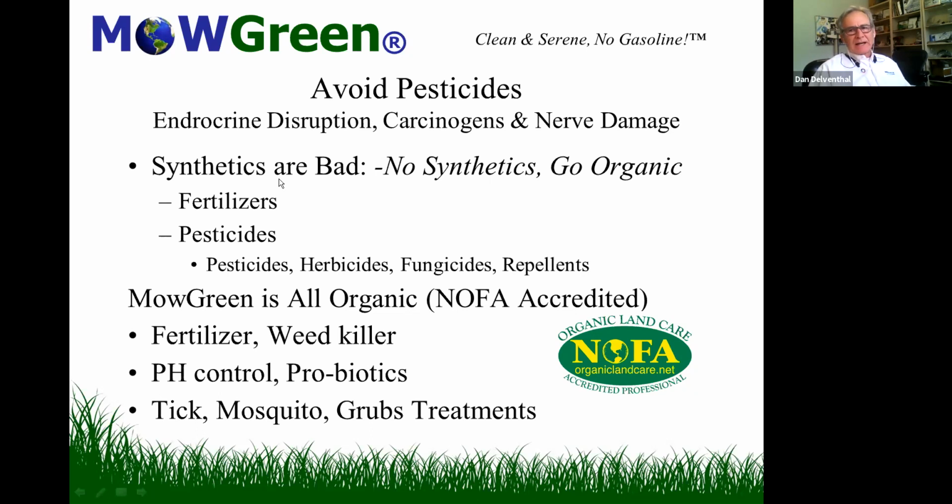So synthetics are bad. And so another mission of ours is no synthetics, go organic. Synthetic fertilizers tend to run off faster and pollute the water more, and you need more of it. About 80% of it goes into the atmosphere or the water. So it's just a raw deal.